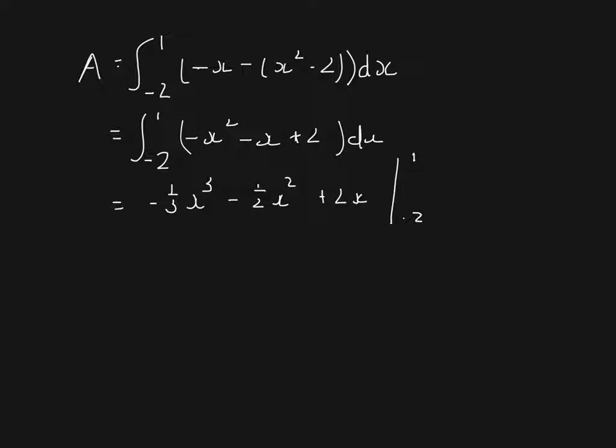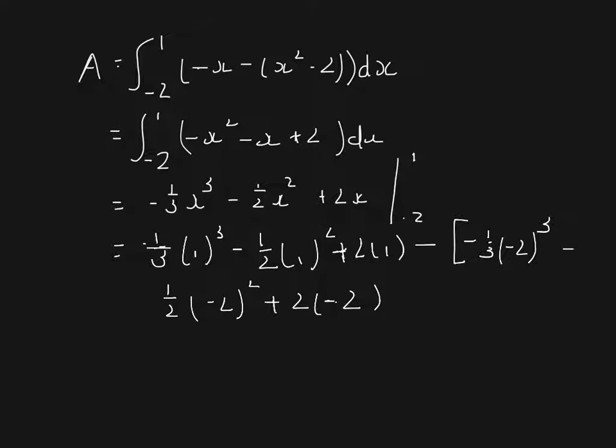So I'm going to substitute my values like that, and then if we simplify it, it gives us 9 over 2.